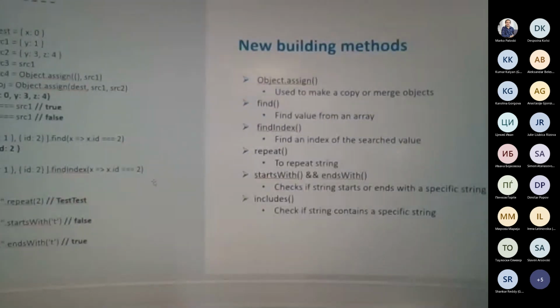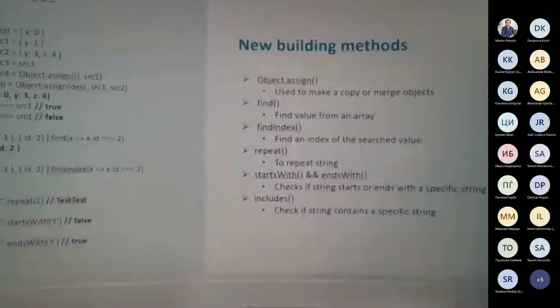Next is new built-in methods. In the new built-in methods, we have a new Object.assign. That means it can be used for multiple things. The first thing is that you can copy values. That means you can do a copy of some object. For example, if we want to copy source to destination, then the source and destination will have different references.